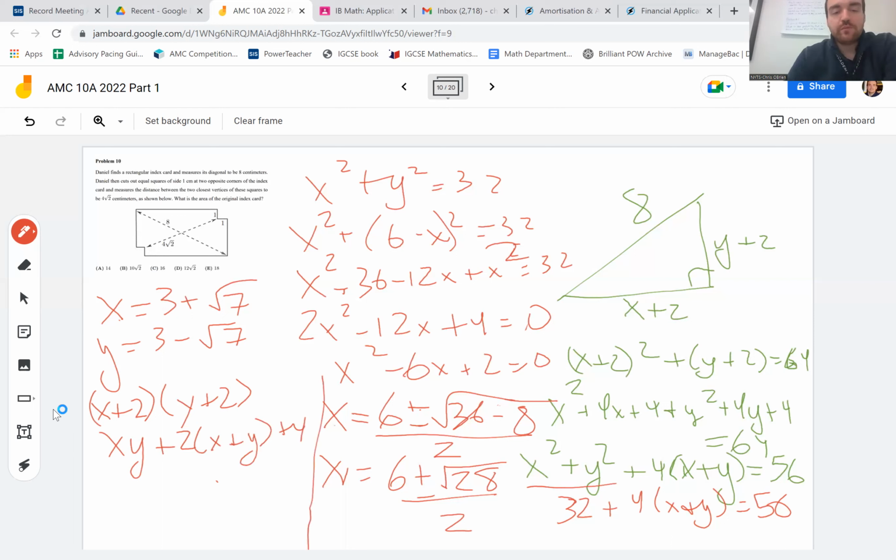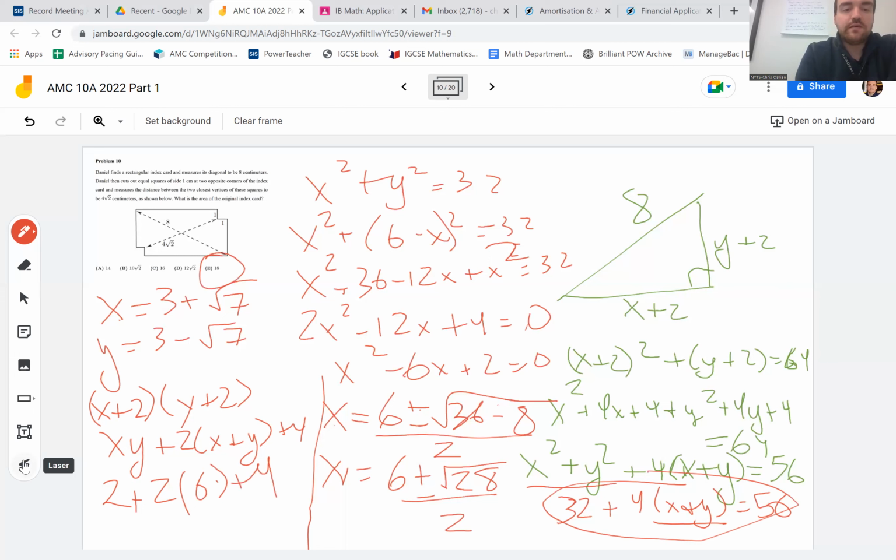So that's what I need to evaluate. 3 plus root 7 times 3 minus root 7 gives me 9 minus 7, or 2. So XY is 2. We found before that X plus Y was 6, so I can substitute: 2 plus 2 times 6 plus 4. Adding these together, you get 12 plus 6, which is 18. So the answer is E, 18.